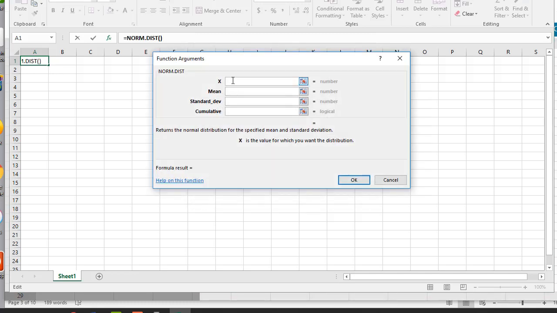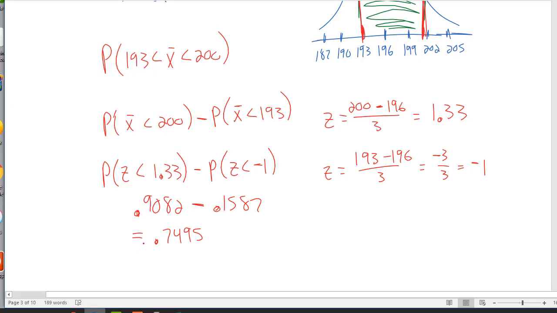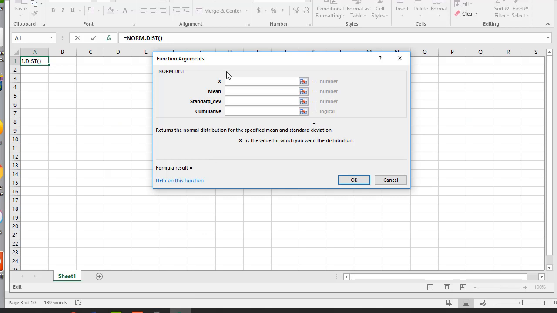Remember, in Excel I have to subtract the two, because Excel doesn't have a between feature. So I'm going to go between 200 and 193. My X is 200, my mean's 196, standard deviation's 3, and it is cumulative.